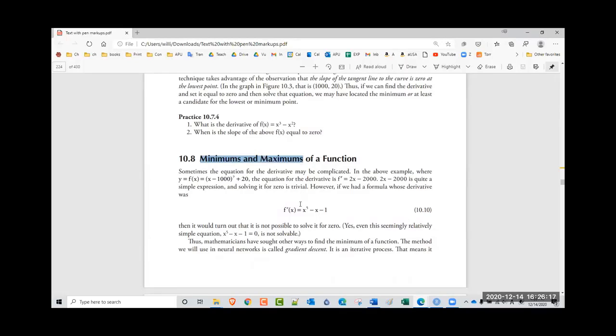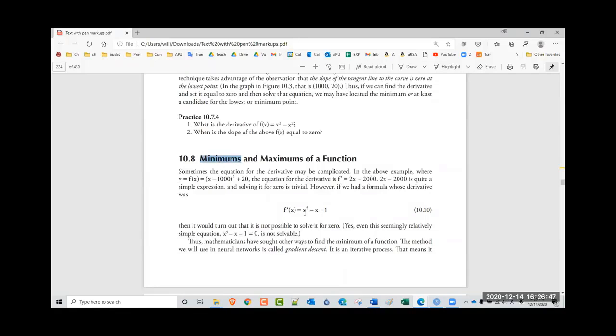So here's another example. Suppose we had a function and its derivative turned out to be this, just for example. What do we do if we want to find the maximum or the minimum? We usually set the derivative equal to 0, right?